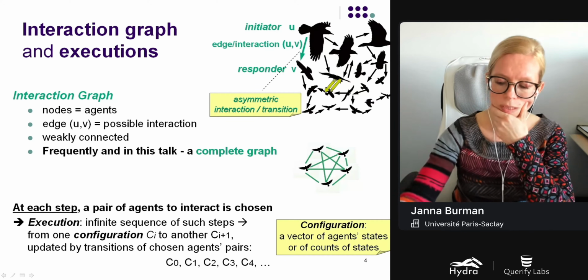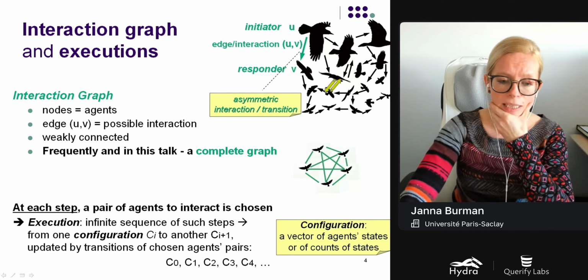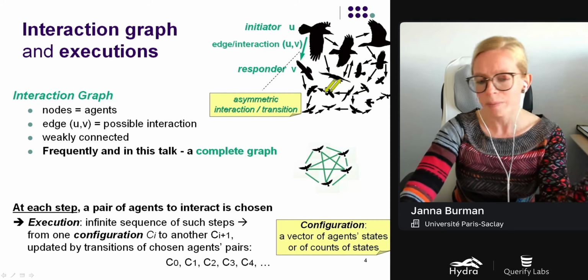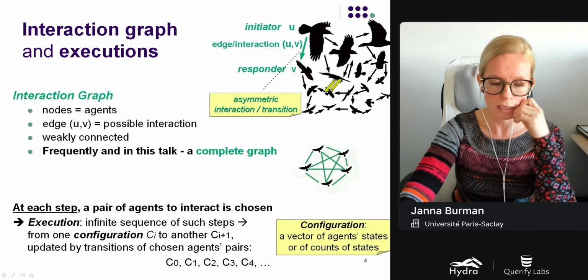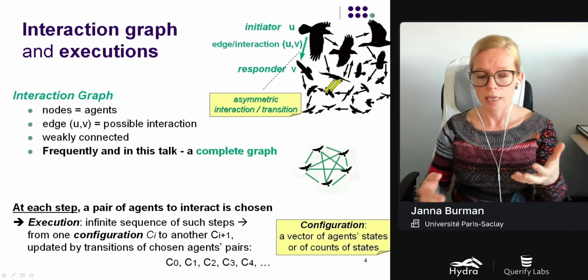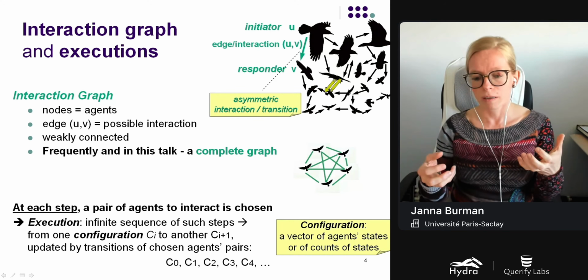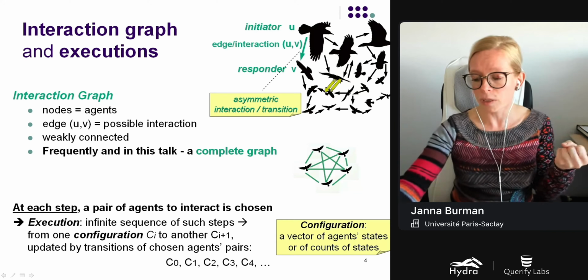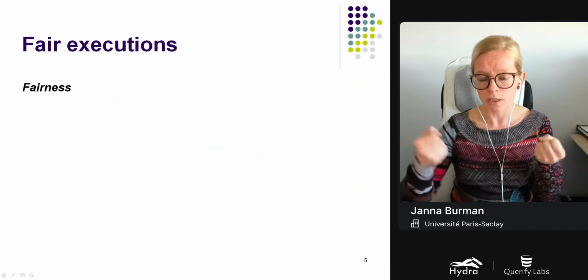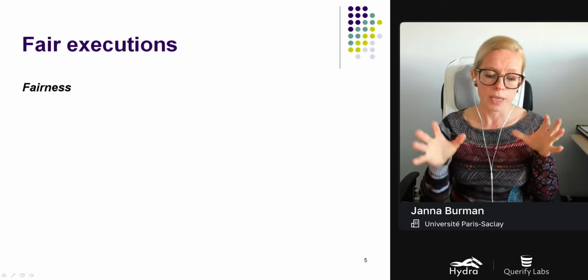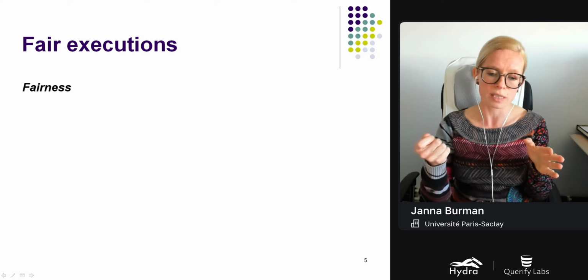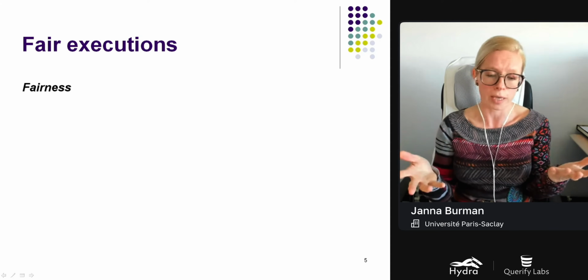Okay, so the executions go like this, and to be able to solve some common global tasks in the system and prevent complete disconnection in the system, we have to assume that we choose these agents in some fair way.